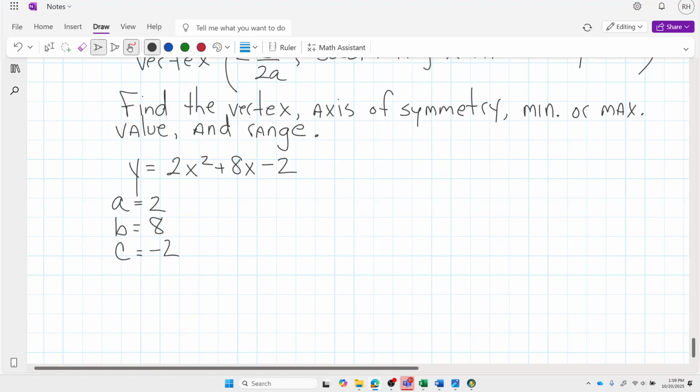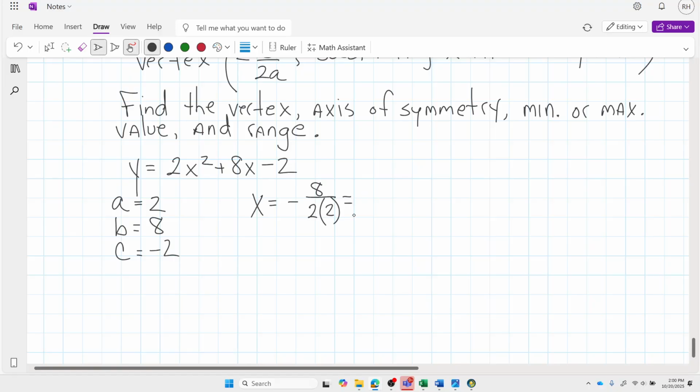Now, our x at the vertex is our axis of symmetry. Our x at the vertex, we can say, is equal to the opposite of b, or the opposite negative sign, and then just put b over 2 times whatever a is.